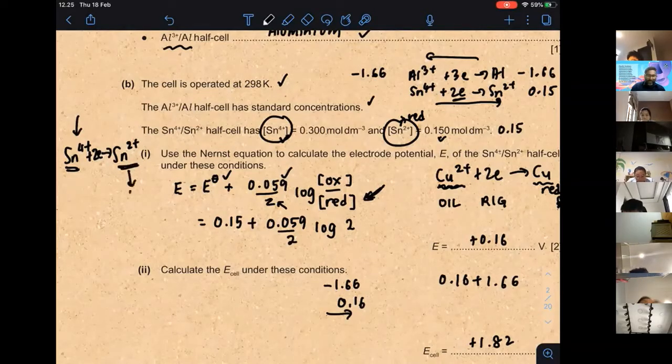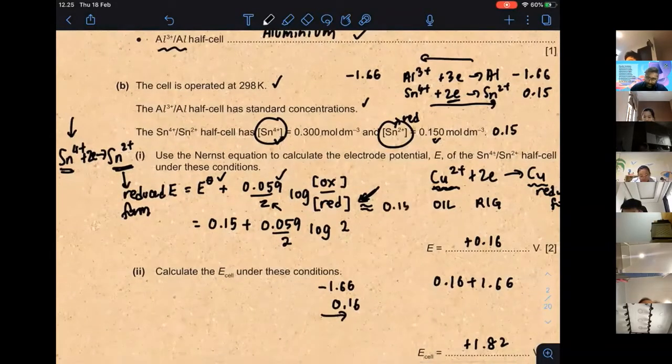So this is the reduced form. Please take note, Sn2+ is the reduced form. Therefore, when I use the reduced form, this one will be 0.15, and the oxidized form is 0.3. That's why you get 0.3 divided by 0.15, log 2.